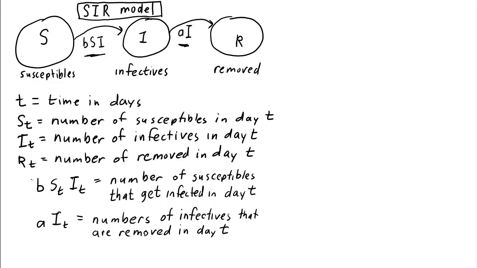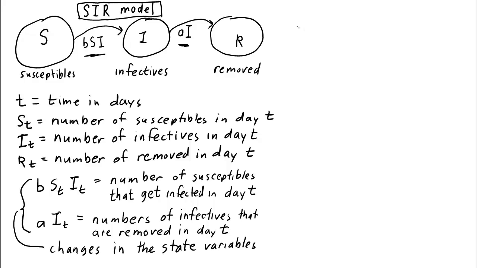These quantities are changes in the state variables, so we can use those to write down our dynamical system. The change in the number of susceptibles from day T to day T plus 1 is just the new value, S sub T plus 1, minus the old value, S sub T. What should this be equal to? Well, S sub T changes if susceptibles get infected and are no longer susceptible.